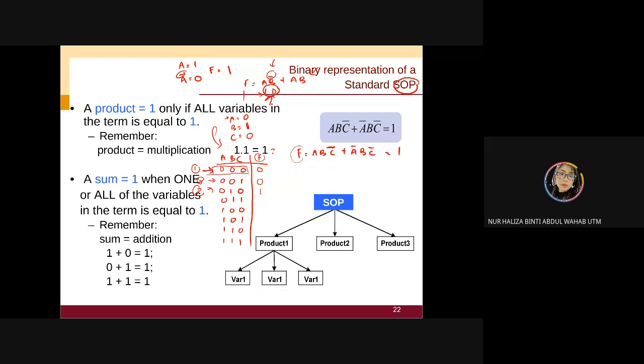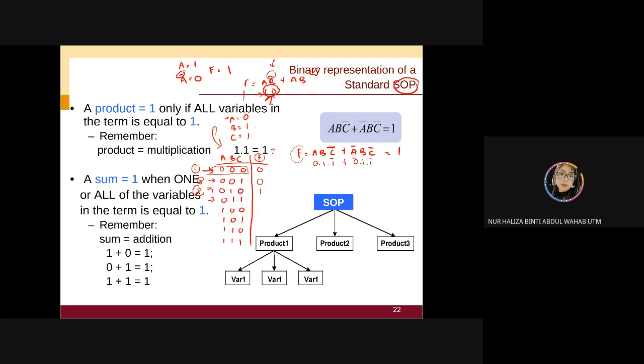Now, I go for my fourth one. My condition will be 0, 1, 1. I check one by one. Here, A is 0, B is 1, C is 1 with a bar, plus A is 0 bar, B is 1, C is 1 bar.